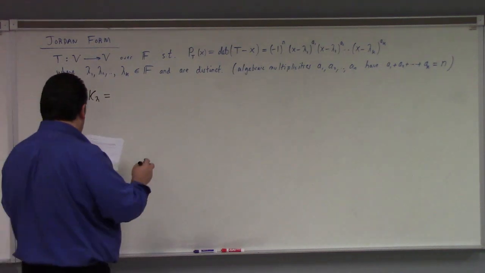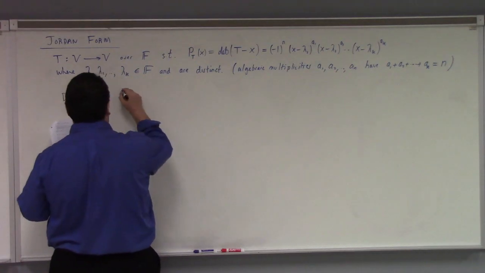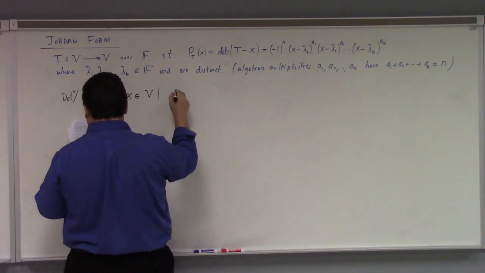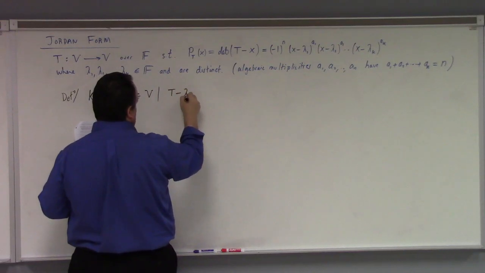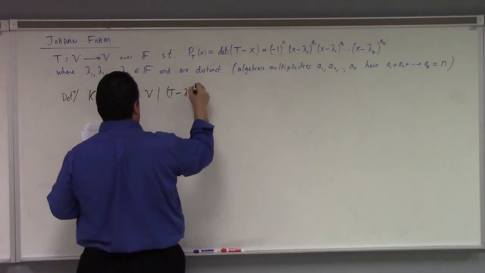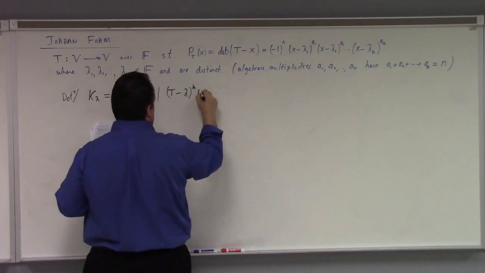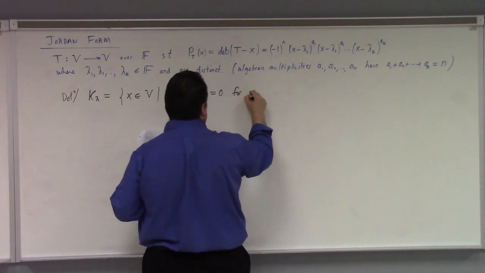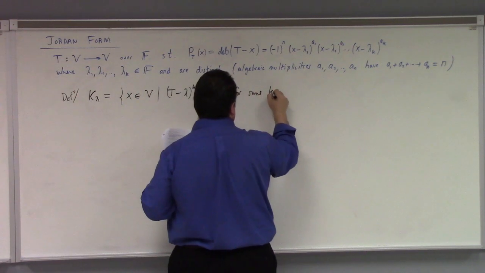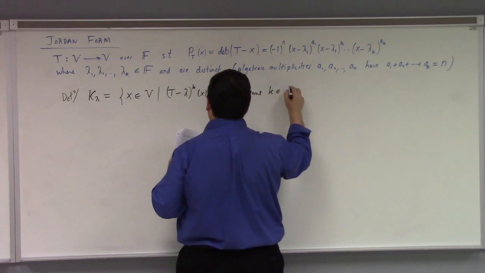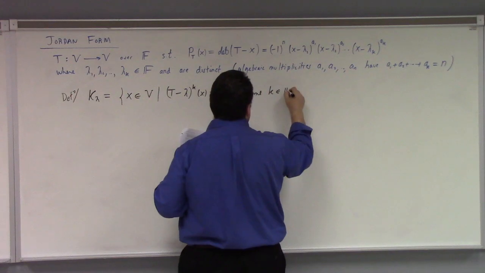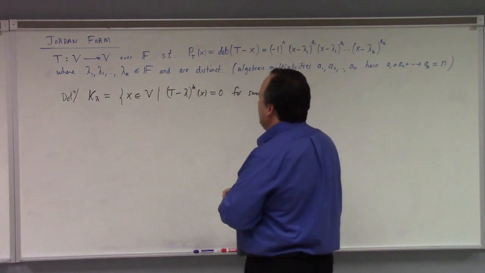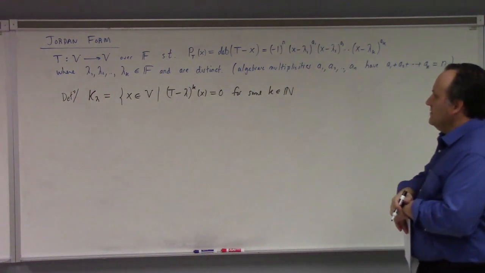This is a little bit slippery, but it is equal to the set of x in V such that (T minus lambda) to the kth power acting on x is equal to 0 for some k in, I guess the natural numbers probably would work. I don't know, do I need to have 0 included?